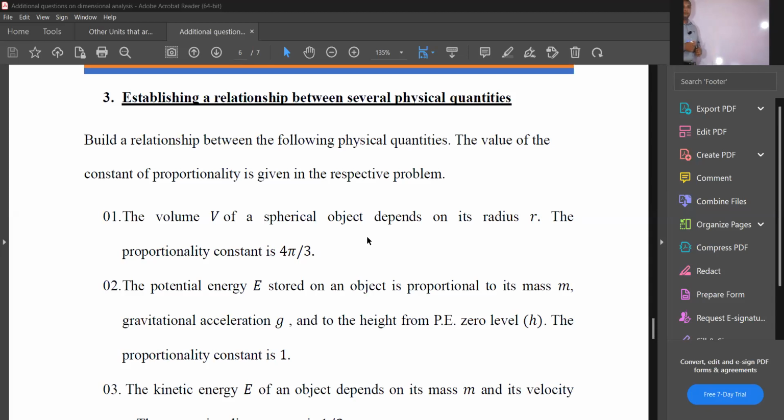In the first question, we are asked to determine an equation between the volume of a spherical object and its radius. So we have to determine a relationship between the volume and the radius of a spherical object. So V depends on R.